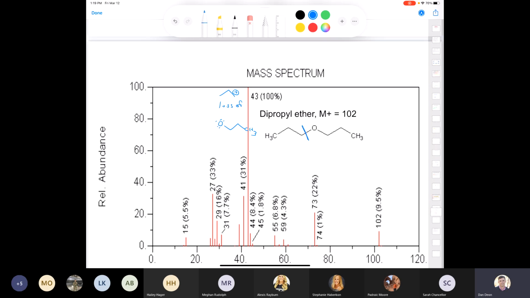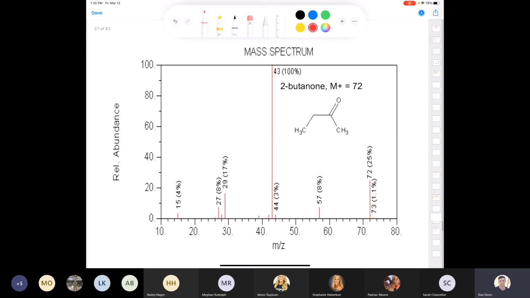There we go. And then if we have 102, subtract 73, we have loss of 29. And that would be losing this guy right here. So this would be loss of the ethyl radical. All right, so that's for 73. So that's an ether.